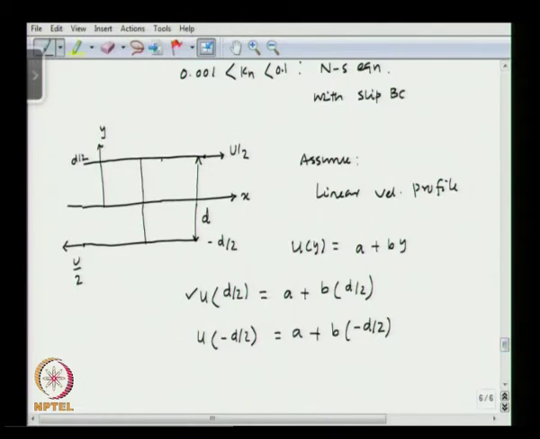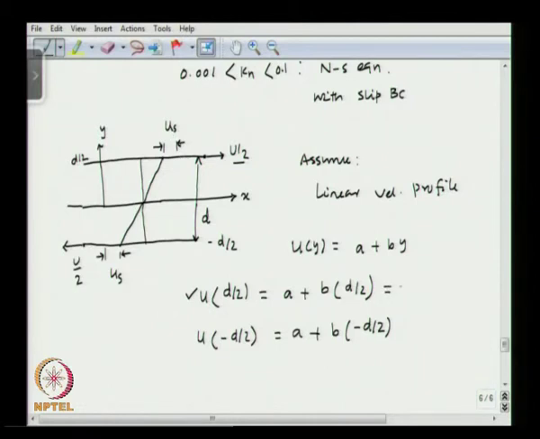So, let us say this is the profile nature, and here we say there is a slip velocity of us, and here also there is a slip which is us. So, the plate is moving at u by 2, but the fluid is moving at a lower velocity as compared to the plate, because there is a slip, and so it is moving at u by 2 minus us, right.